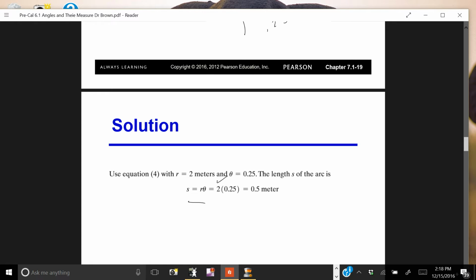The radius is 2. The angle is 0.25 radians. And the answer is 0.5 meters. So that says if you have a radius of 2 and an angle that's 0.25 radians, this length is a half a meter. We'll be using this a lot.